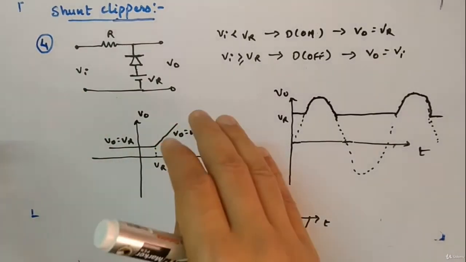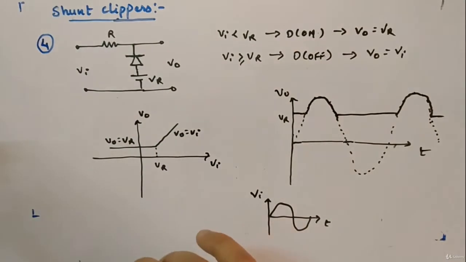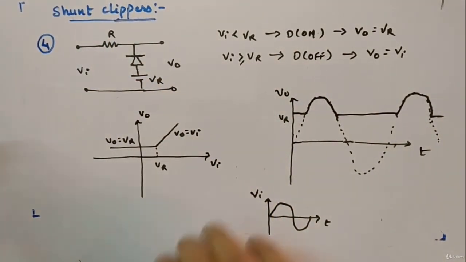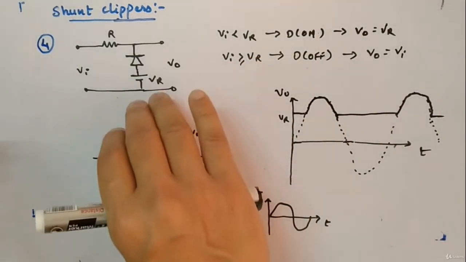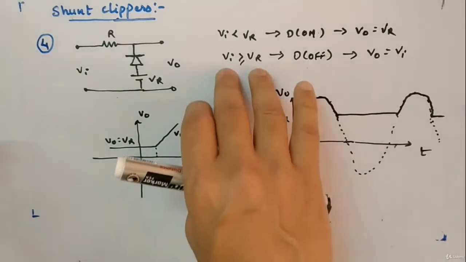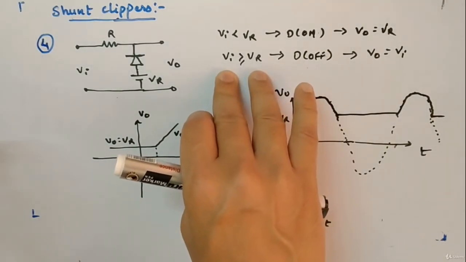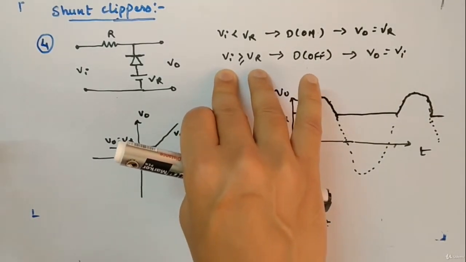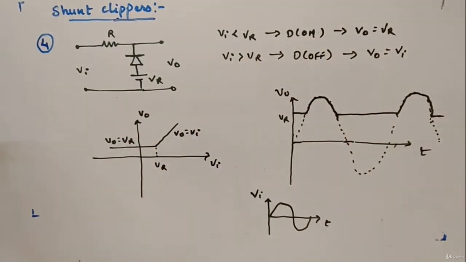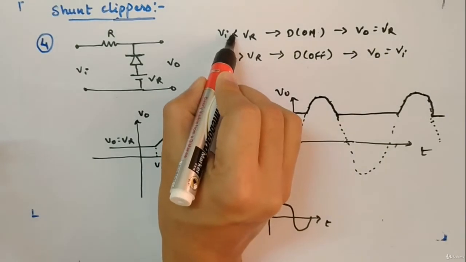So now what will happen if Vi is less than VR? The diode will be on, and if the diode is on, it will be a short, and V0 will be equal to VR. Similarly, when Vi is greater than or equal to VR, sorry, the equal to sign should be here.